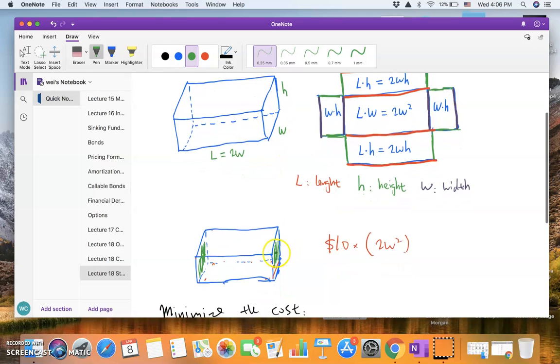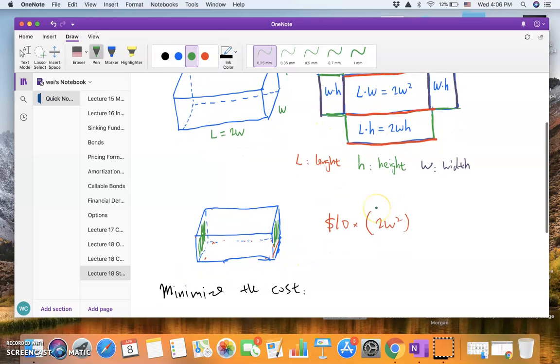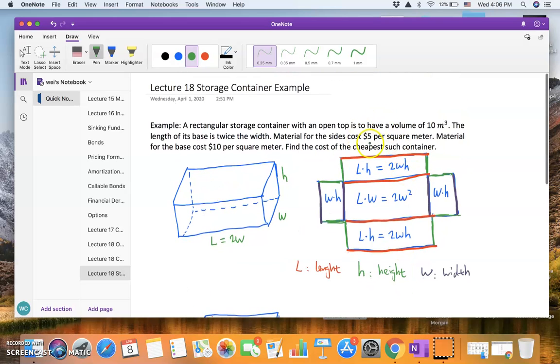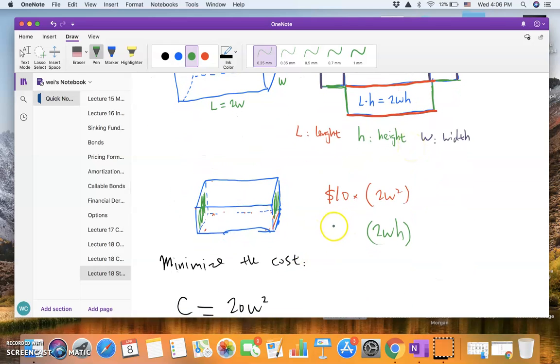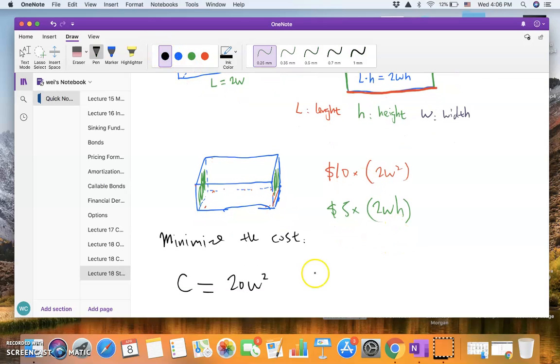So the total area of both sides is 2WH. And because the cost is $5 per square meter, the total cost is $5 times 2WH. So it's 10WH.